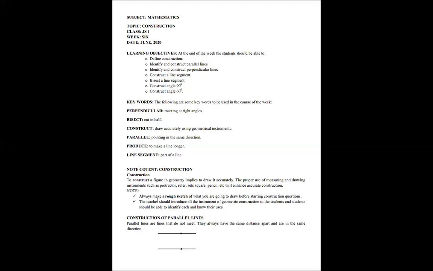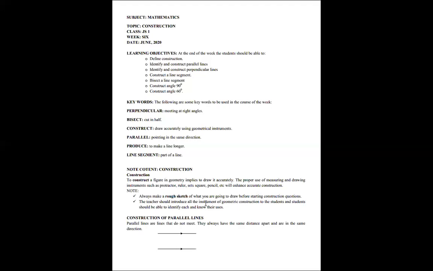The teacher should introduce all instruments of geometrical construction to the students, and students should be able to identify and know their uses. So this second keynote is what I tried to do in the previous video.